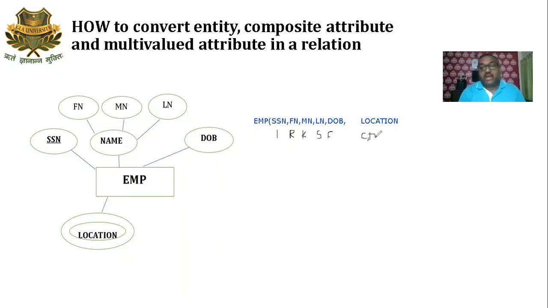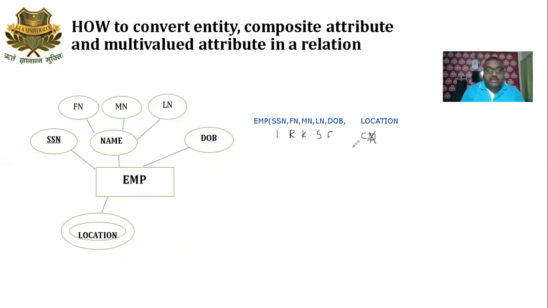So now the question arises: is it possible to write Calcutta and Delhi like this over here? No, it is not possible. Why? Because every attribute should have atomic values. Then what will be the solution?